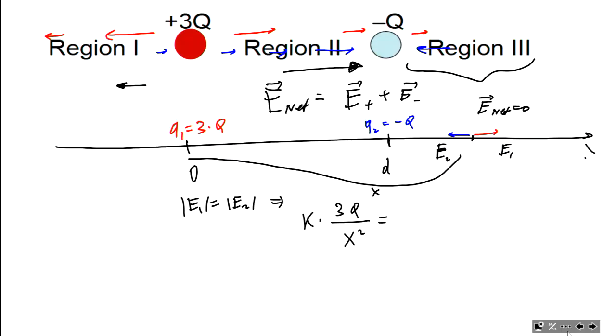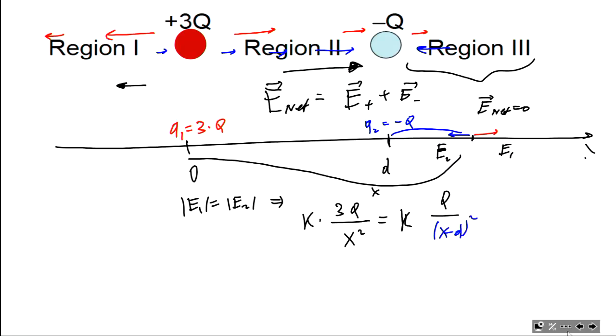And it has to be equal to the magnitude due to the second charge. The magnitude of a negative q is just q. Now, you have to keep in mind this is the distance from the charge to the point, and that distance is not x, that distance is not d, that distance is x minus d, and we have to square it.